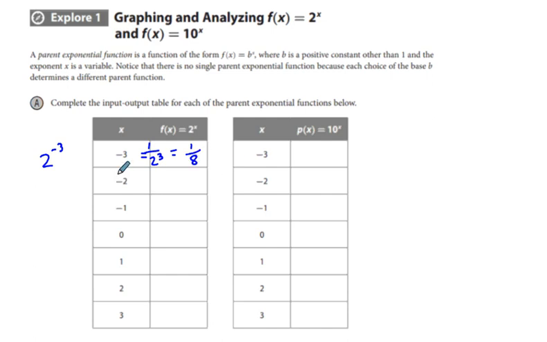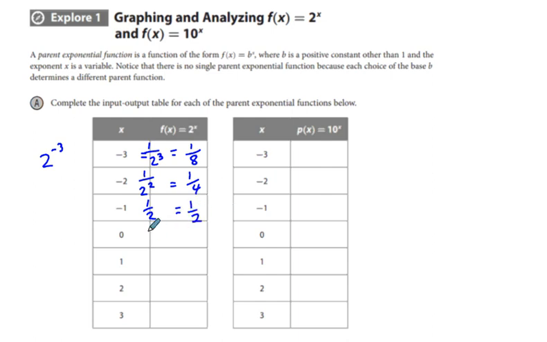And then if we have negative 2 for an input, we have 1 over 2 squared, which is 1/4. And then if we have negative 1, we have 1 over 2, which is 1/2.